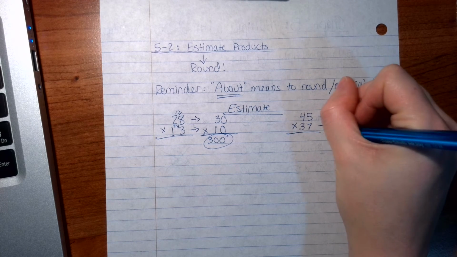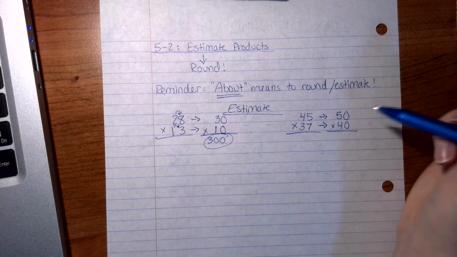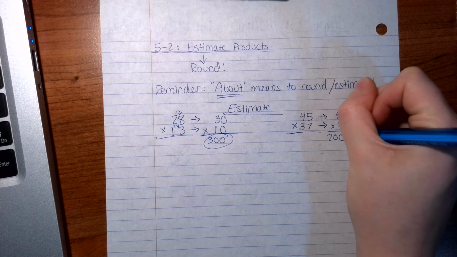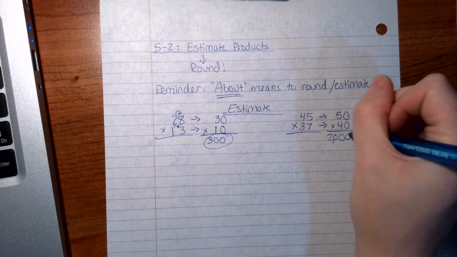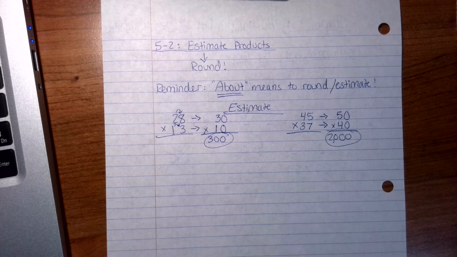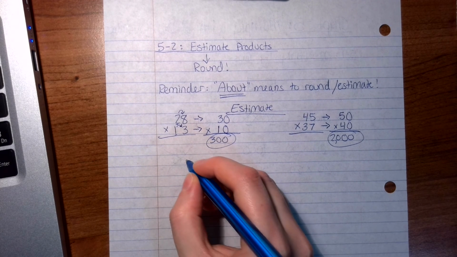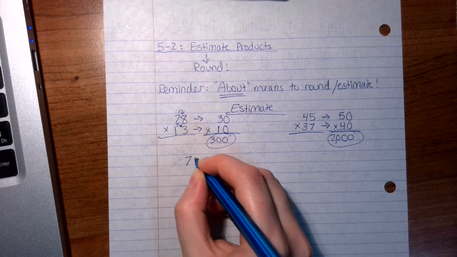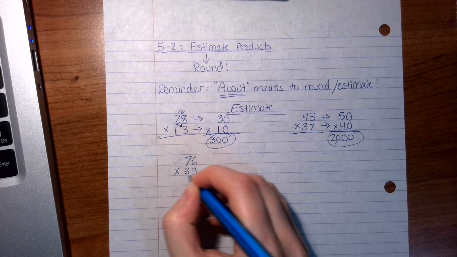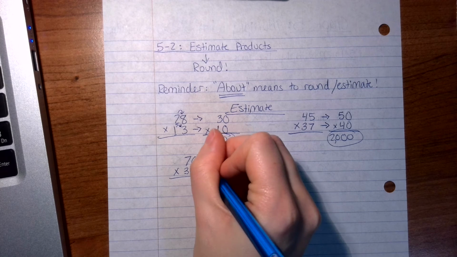And so now I can go ahead and multiply. 5 times 4 is 20, and there's 2 zeros. So my final answer here is 2,000. Okay, let's just do a couple more. If I had 76 times 33, what would that be if I had to estimate?